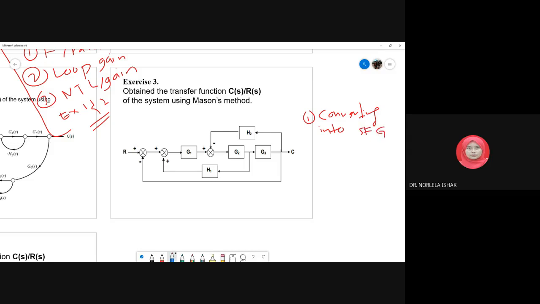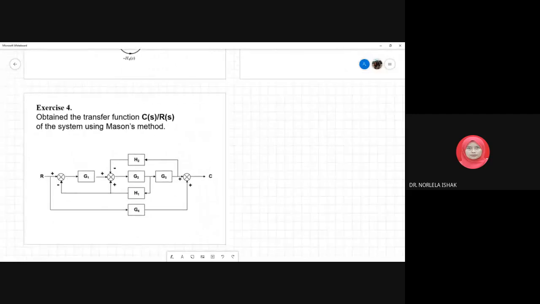From the signal flow graph, you have to define the 3 items: forward parts, loop gain, and non-touching loop gain. This is your exercise. Exercise 1, exercise 2, and exercise 3. And also exercise number 4.